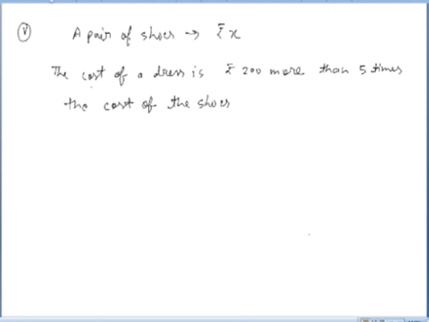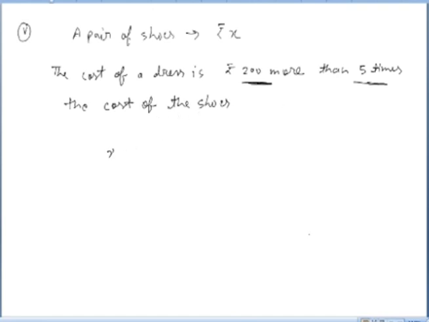So we have to write this in an algebraic expression. Okay, the cost of a dress is 200 more. 200 more means plus 200, then 5 times the cost of the shoes. So 5 times the cost of shoes.